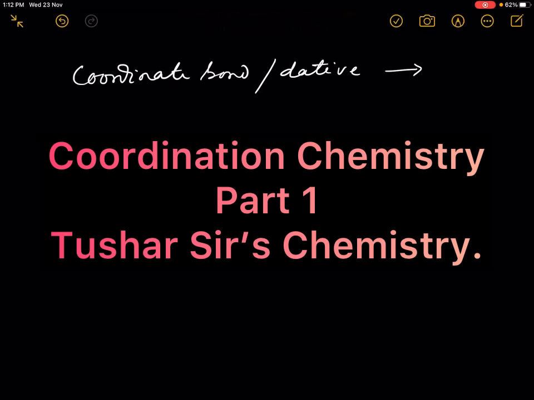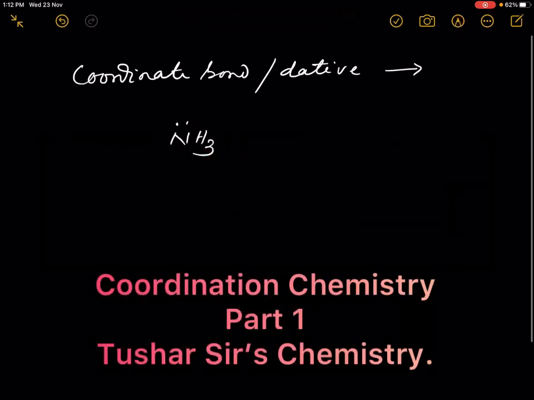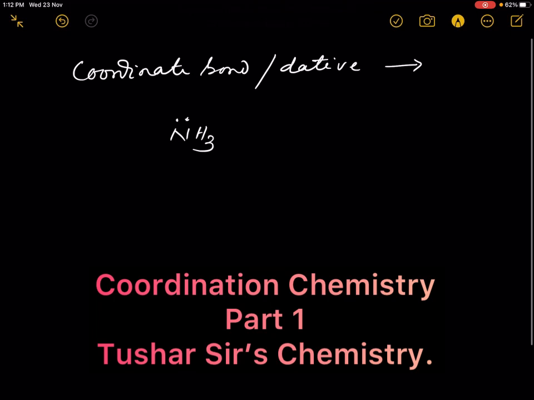Suppose NH3 is there. NH3 is a neutral compound. N has a lone pair. Another H+ is there having no electrons.